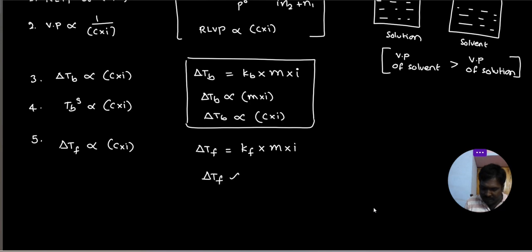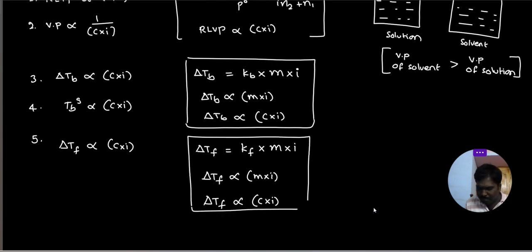If you remove that constant, then it is concentration into van't Hoff factor. Concentration we can express as C. So depression in freezing point is directly proportional to C into i.